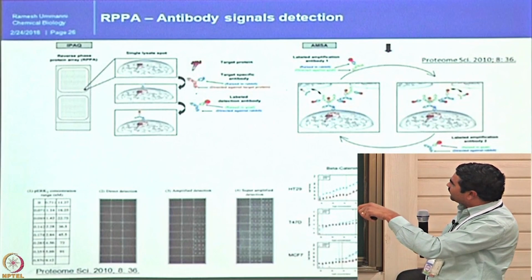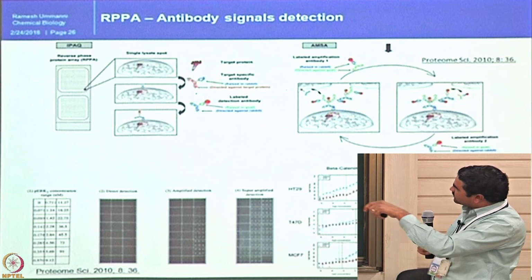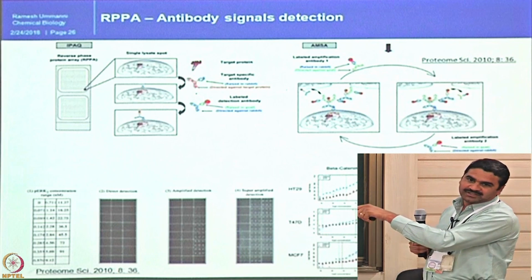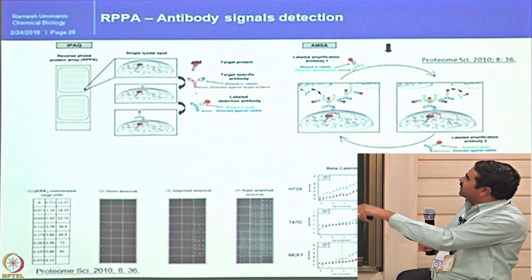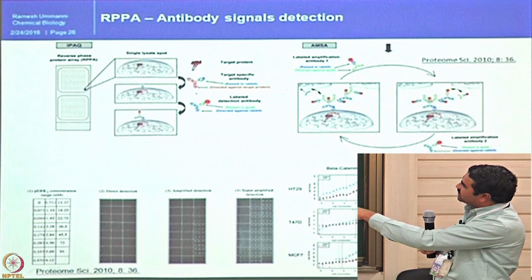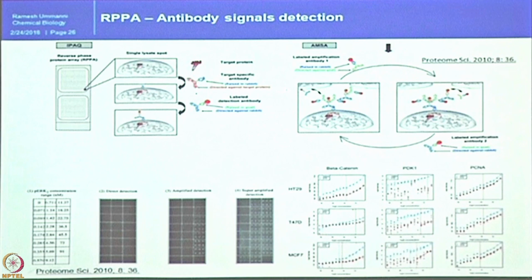How is it? For example, in this cartoon you can see that with the first direct detection you do not see any spot here. In the amplified detection, after the first round of amplification, we can look at some of the spots in the right corner. After 2 to 3 rounds of amplification, we can see almost all the spots in all the blocks here.